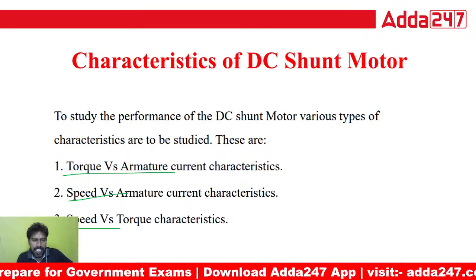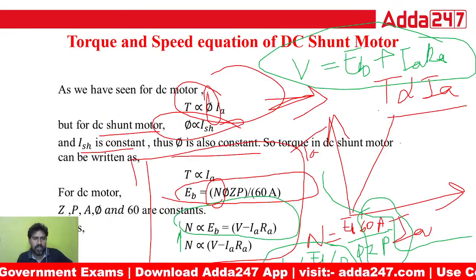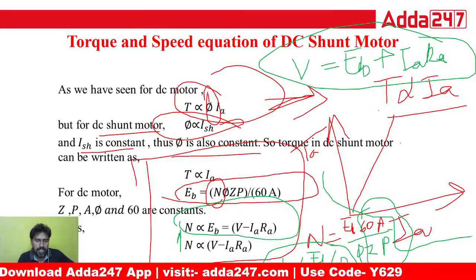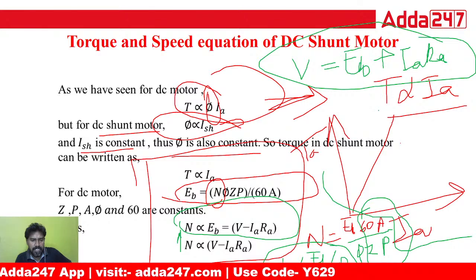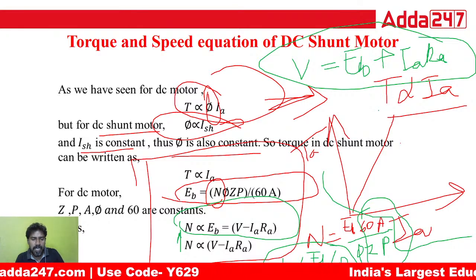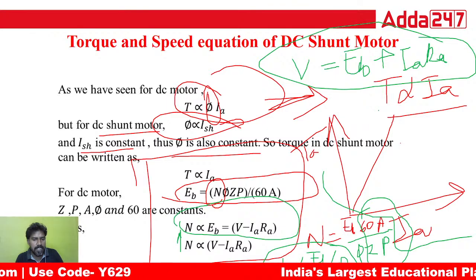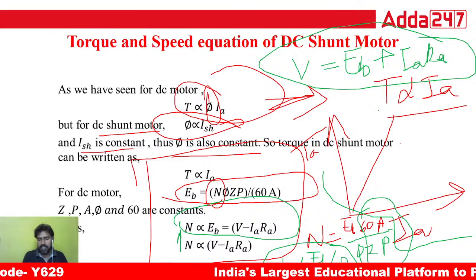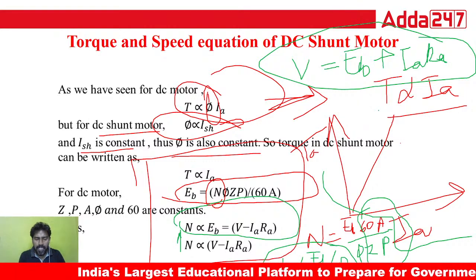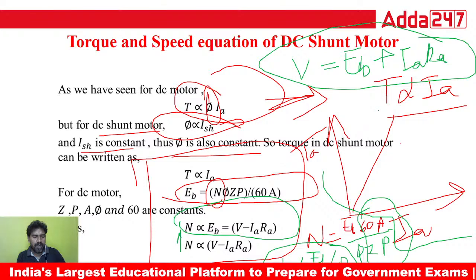For drawing these characteristics, we must know these equations: the relationship between torque and armature current, between torque and speed, between speed and back EMF, and speed and armature current. Everything we need to know, then only can we draw the characteristics of a DC motor.